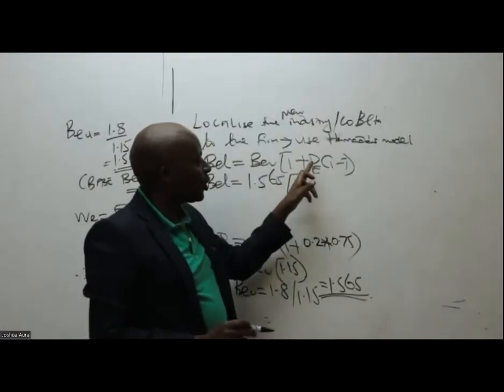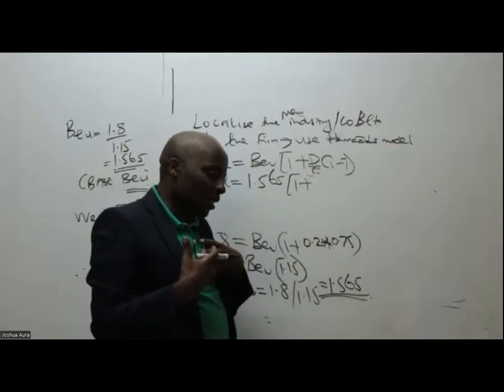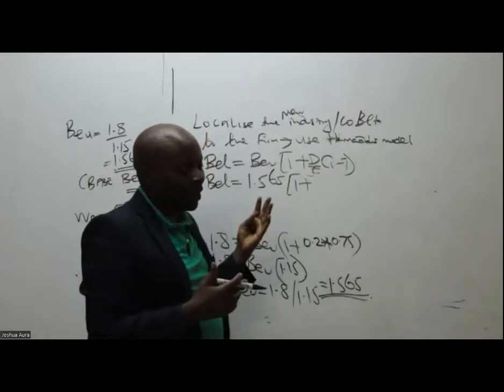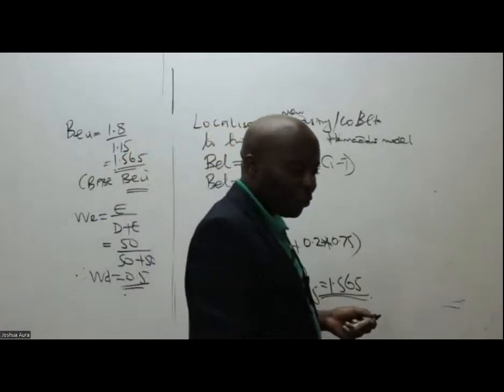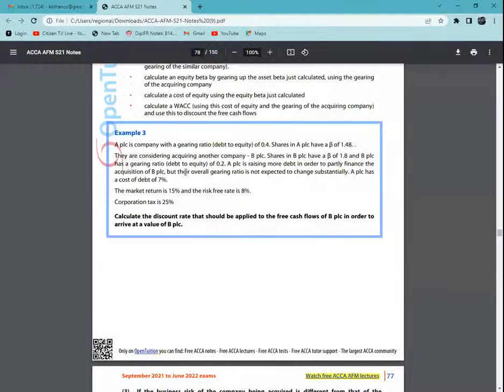The debt to equity ratio to use is in most cases given in the question, like Roman 1, Roman 2, Roman 3. But here we don't have those, so I have to go back to the debt to equity of the company as it was given up there. We have A PLC, a company with a gearing ratio of 0.4.